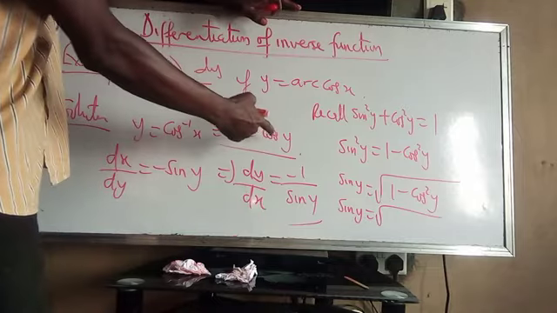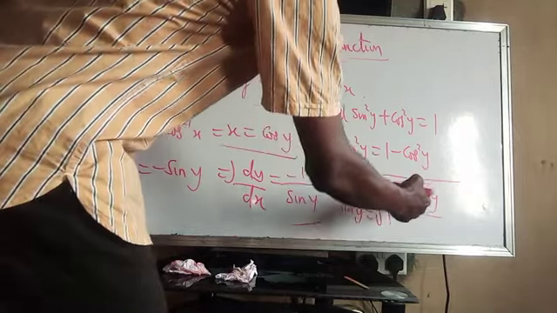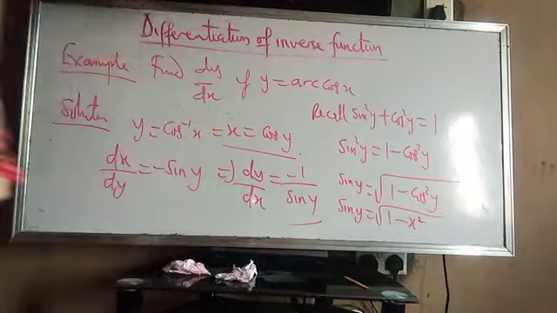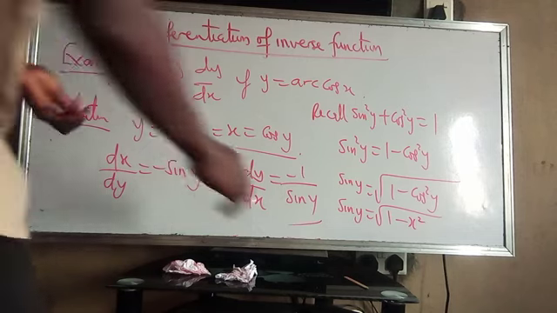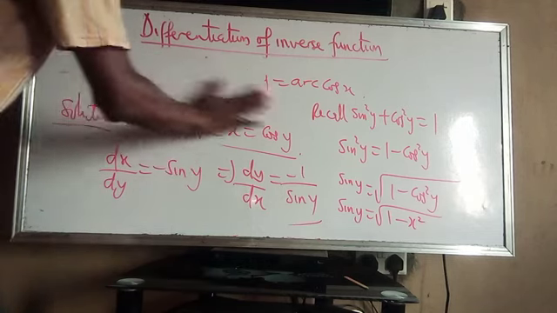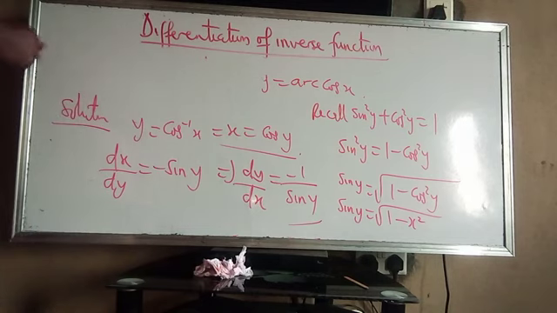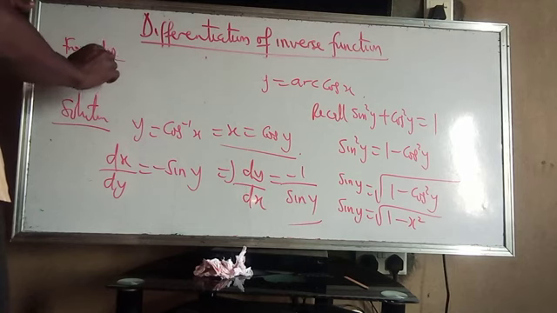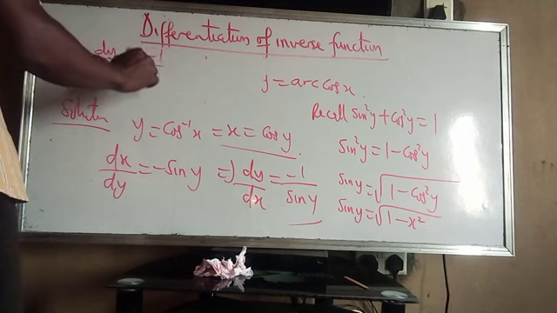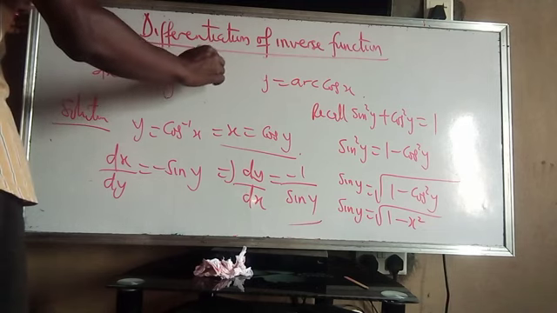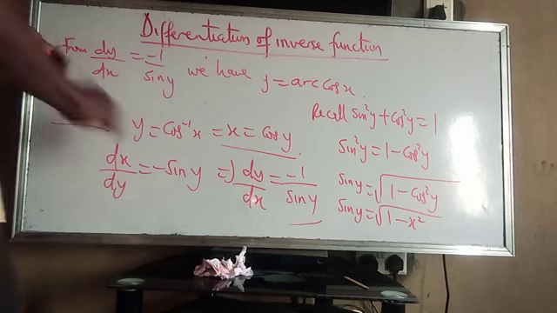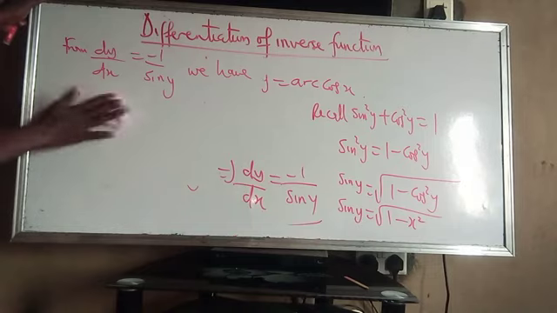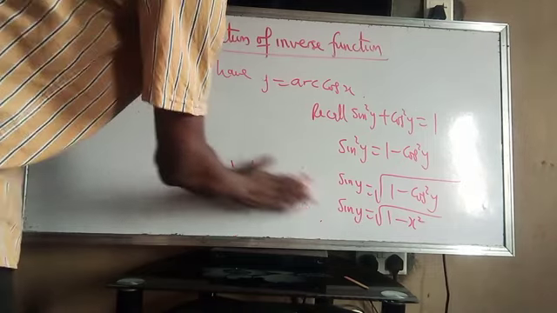originally we have x to be cos y. So that will be 1 minus, and this cos square y, square of this, x square. I hope you understand. Fine. So eventually, from dy dx is equal to minus 1 over sine y, what do we have now?